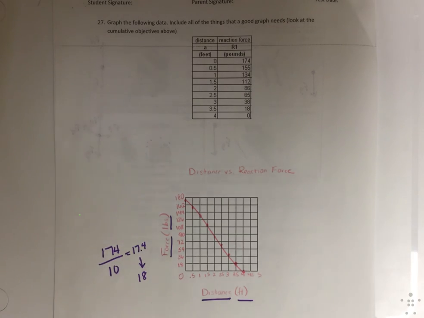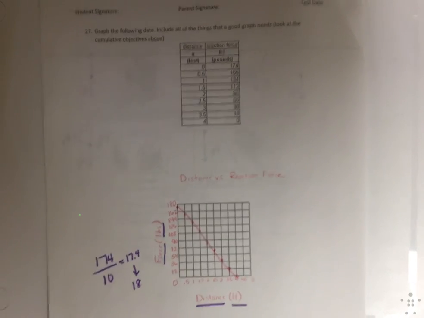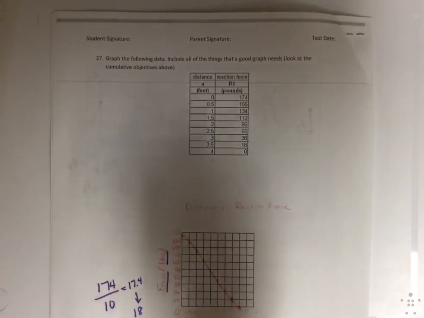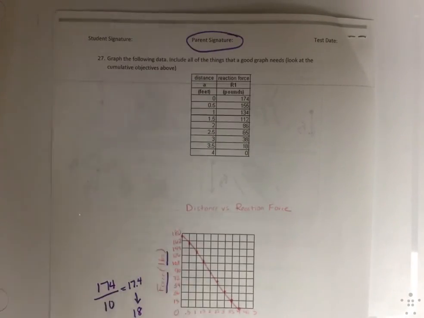Alright guys, the last thing I want to talk to you about is this part right here. Okay, the parent signature. This test is kind of large, and I want you to study for it. So, I'm giving you the opportunity for a few bonus points if you take this study guide home and have your parent or guardian sign it. It will give you a few bonus points on the test.